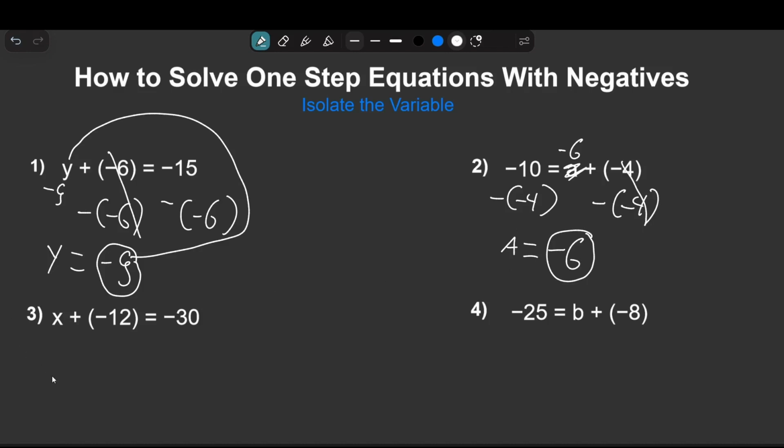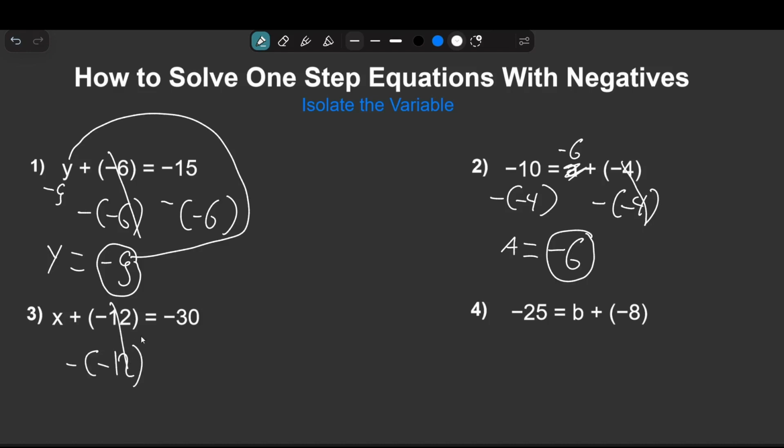Now let's go over to number 3, where we have x plus minus 12 in parentheses equals minus 30. So again, the first step we're going to take is to isolate the variable. To isolate the variable, we are going to inverse our operation again. So we're going to take away minus 12.